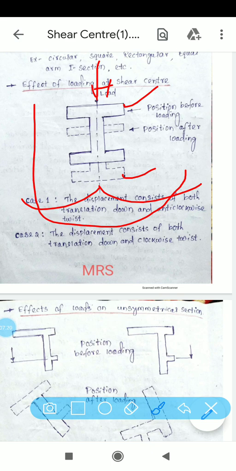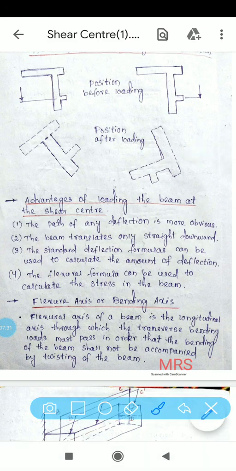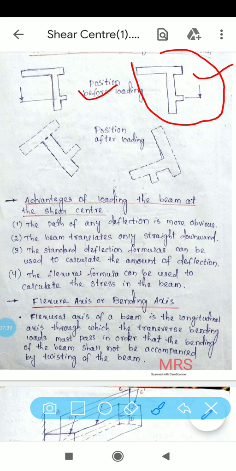So this one is the effect of loading at the shear center for a symmetrical type of cross section. If loads act on an unsymmetrical section, this one is your initial position of the beam before loading, and this one is the position of the beam after loading. You can compare these.